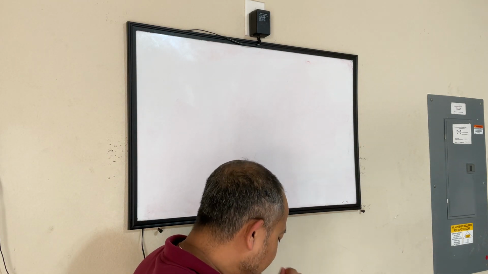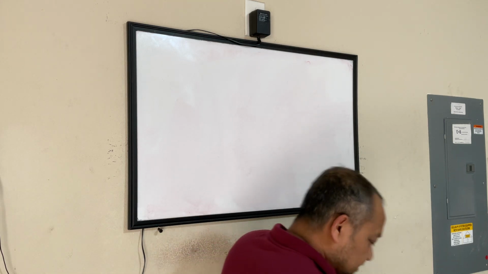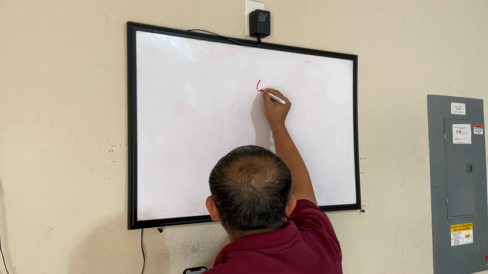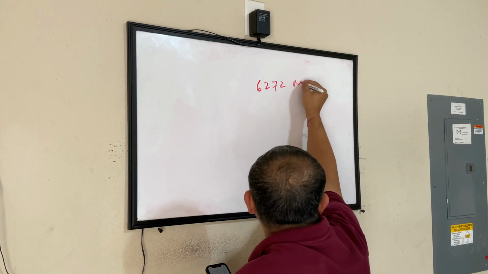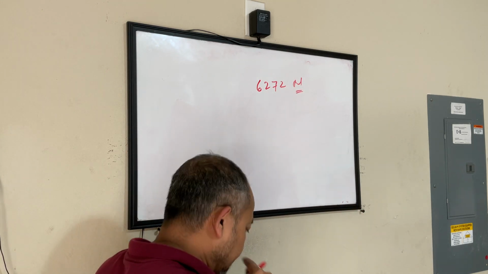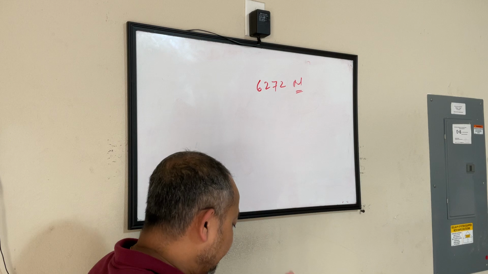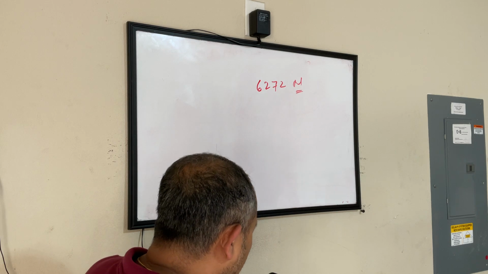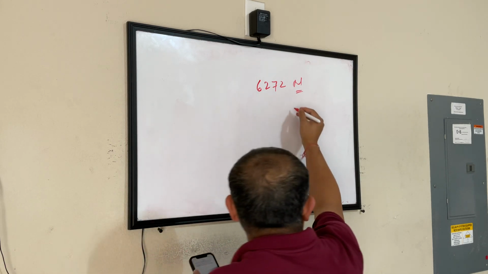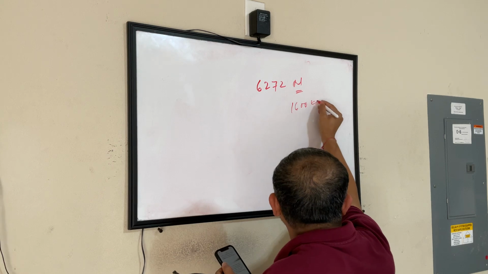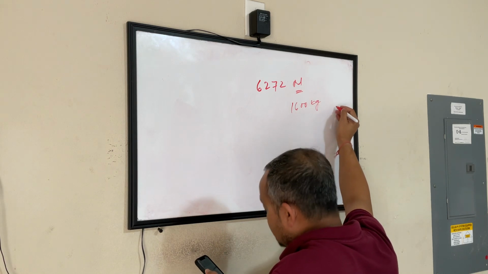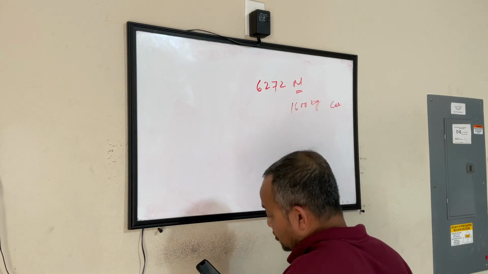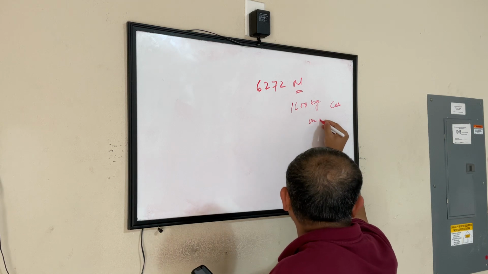Suppose friction exerts 6272 newtons. This is a unit of force. Suppose friction exerts this many newtons of force on a 1600 kilogram car on a wet road.